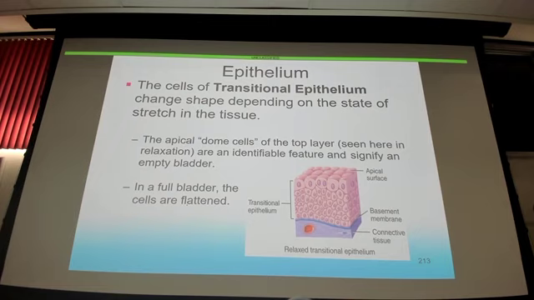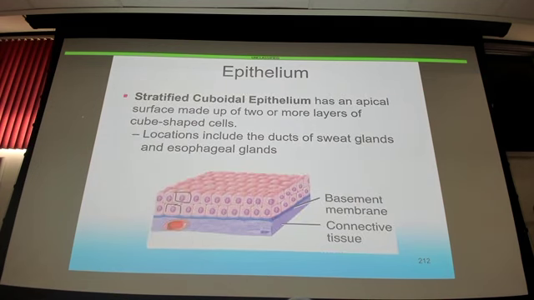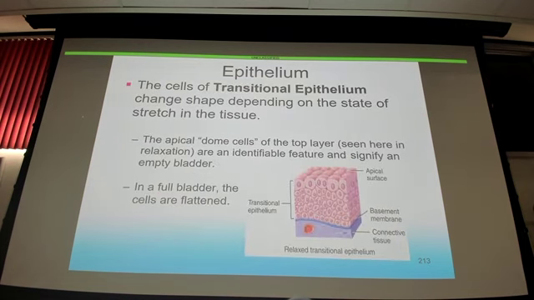When you go to look at pictures of these, it's hard. It's hard to ask somebody, is this cuboidal or is this cuboidal? Transitional and cuboidal cells look very similar, and in books, they don't depict it great. But actually, if you looked at a relaxed transitional epithelium, you would see that the apical surface is more domed than when you look at the cuboidal.